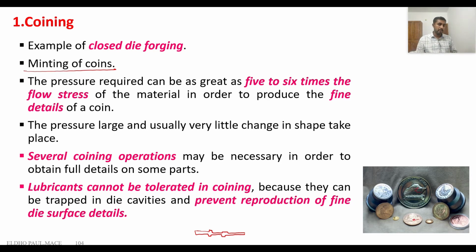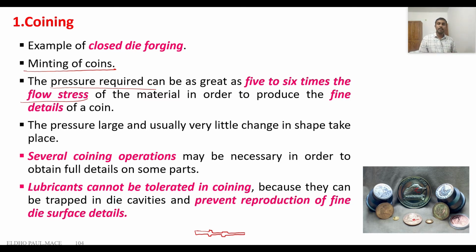These sharp impressions or projections are very difficult to make by forging. So in the coining operation, we supply a pressure, or vertical force, which is 5 or 6 times higher than the flow stress of the material.